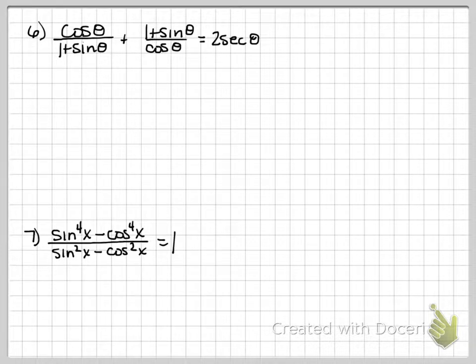So the common denominator is going to be 1 plus sine theta times cosine theta, so my numerator now is going to be cosine squared theta plus 1 plus sine theta, the quantity squared, equals 2 secant theta.